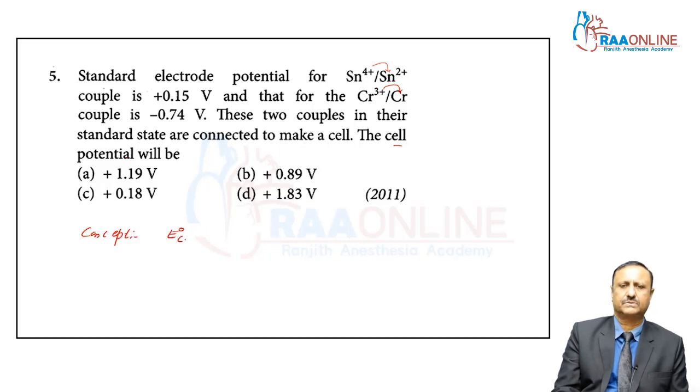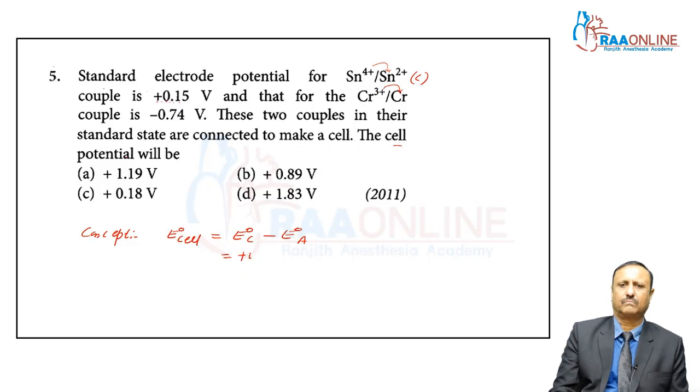the concept is the same: E naught cell equals E naught C minus E naught A. What is E naught C, my dear students? What is the cathode and what is the anode? This is the question. The one with the maximum positive E naught value acts as the cathode, and the negative value acts as the anode.